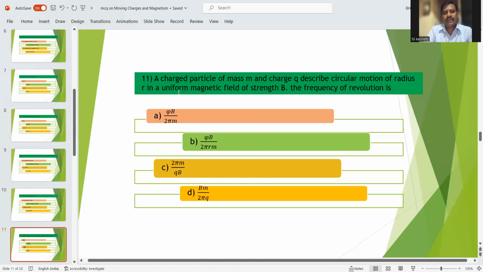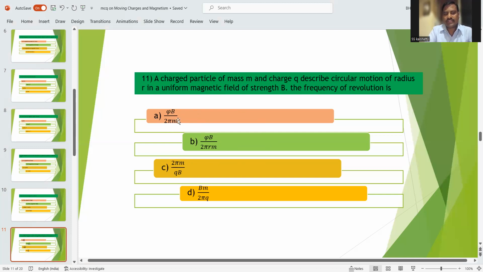Now, for this type of problem one formula is there. A charged particle of mass m and charge q describes a circular motion of radius r in a uniform magnetic field of strength B. The frequency of revolution is: frequency f equals qB divided by 2 pi m.